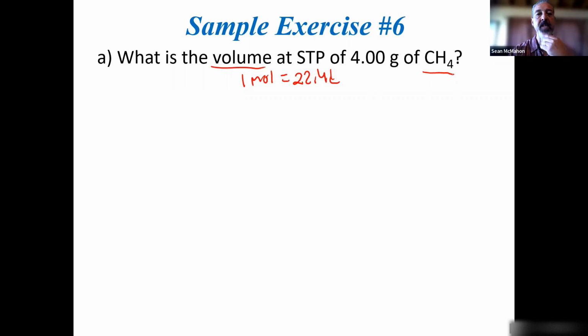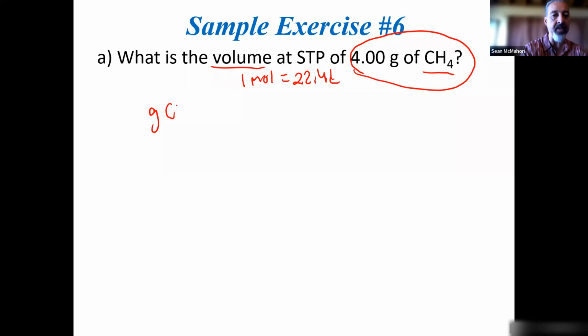I know if I had a mole of methane, it would occupy 22.4 liters, but I have grams. What I can do using molar mass is go from grams of methane to moles of methane. And how am I doing that? Molar mass.